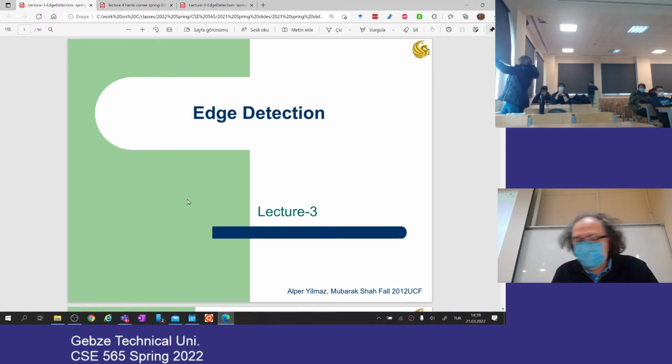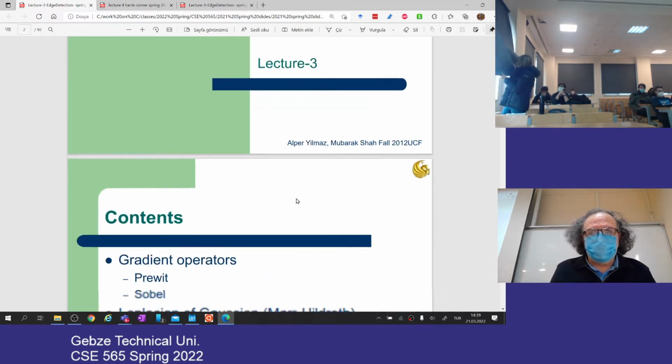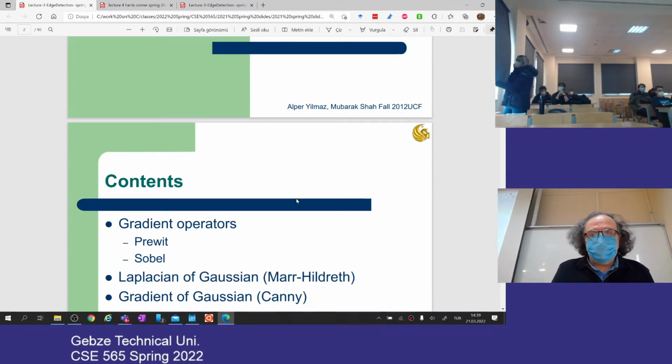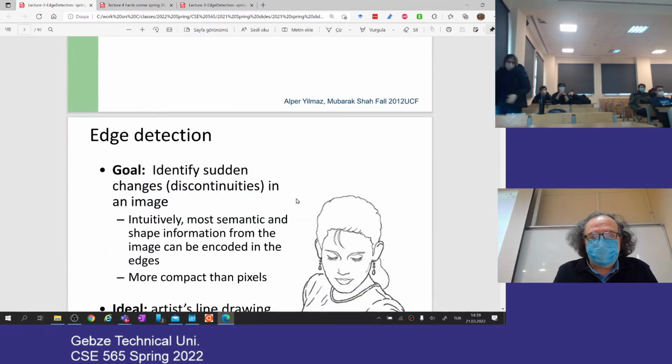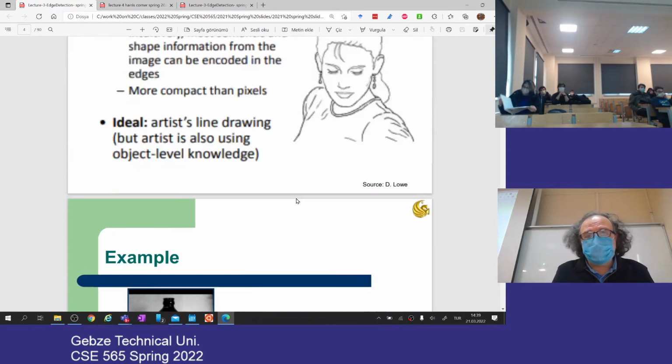Okay, so we said that age detection is something that we are going to do, and first before we start talking about age detection, let's define the meaning of the ages.